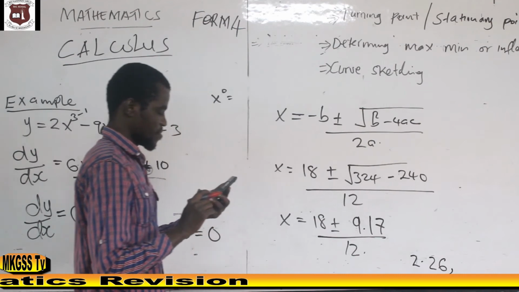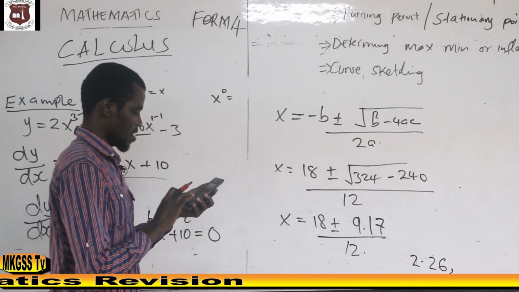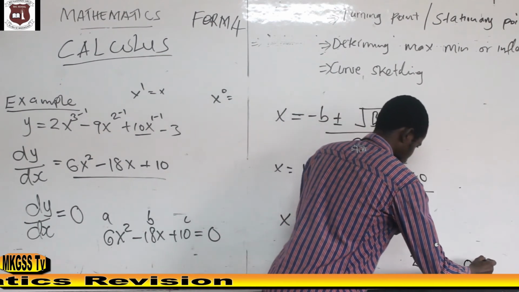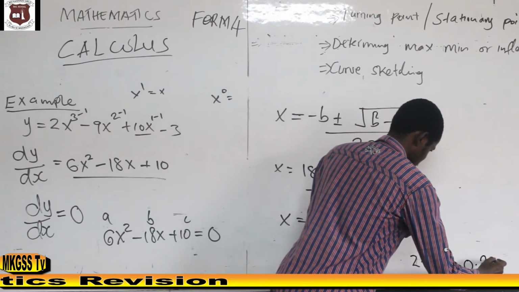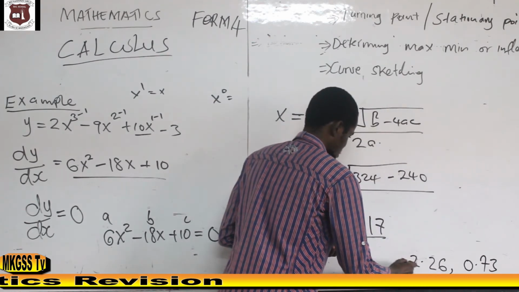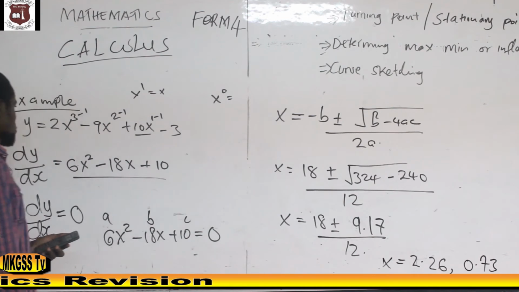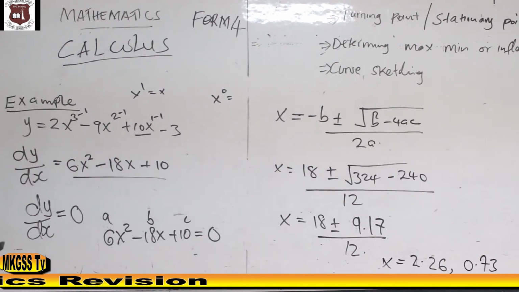You will get 8.83, divided by 12. That one will give you 0.73. So these are the two values of x.